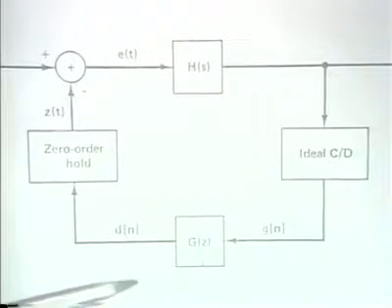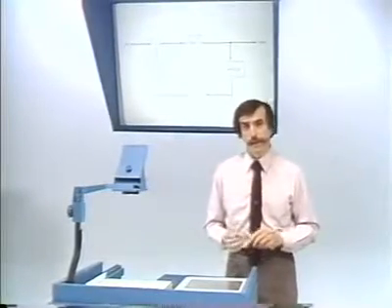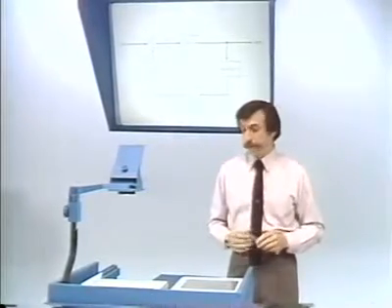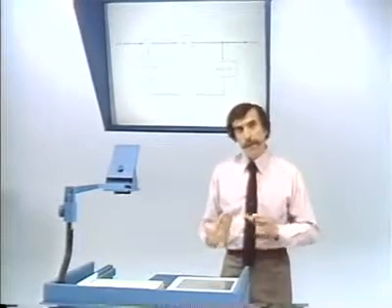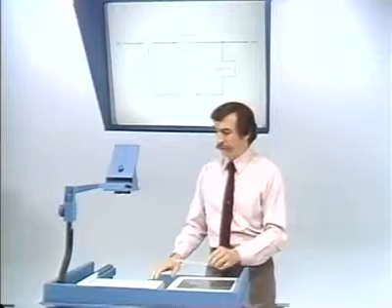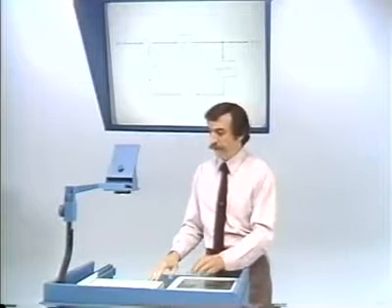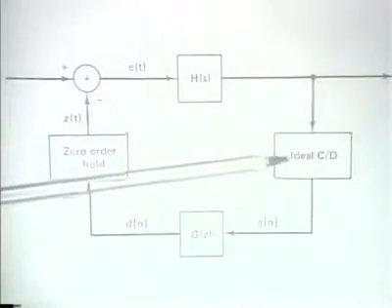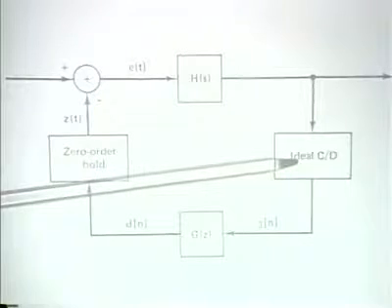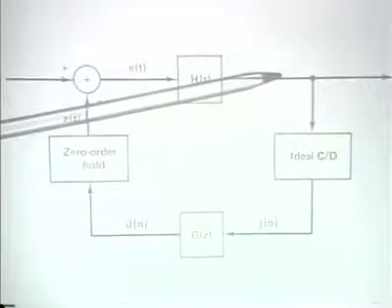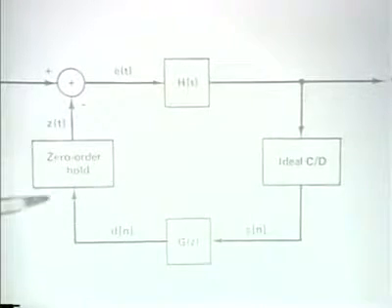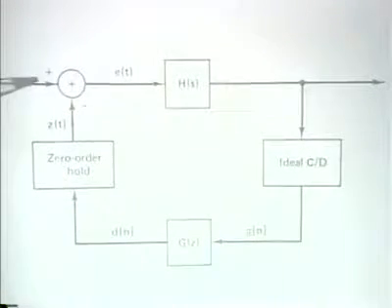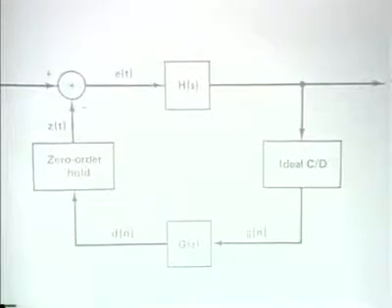And although we're not going to go into this in any detail in this lecture, there is some discussion of this in the text. Essentially, if we make certain assumptions about this particular feedback system, we can move the continuous to discrete time converter up to this point and to this point, and we can move the interpolating system outside the summer.